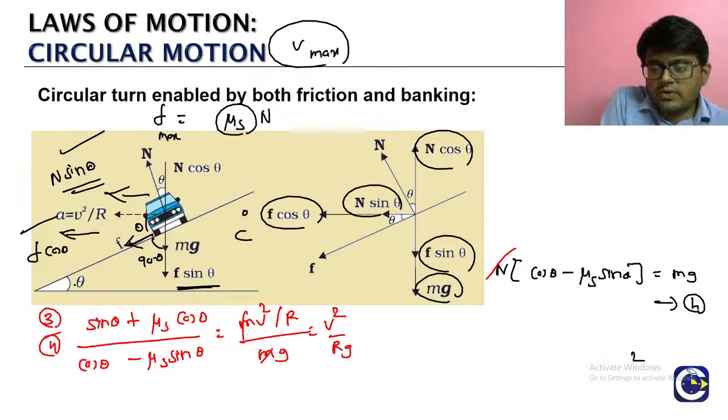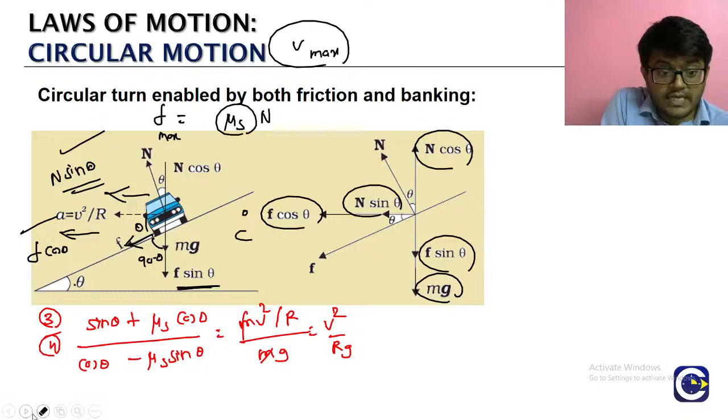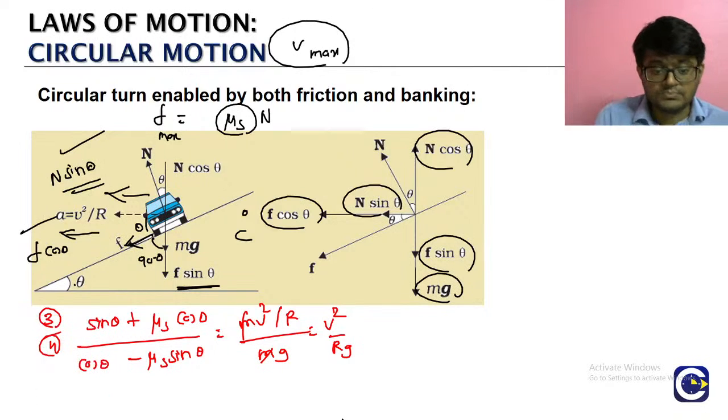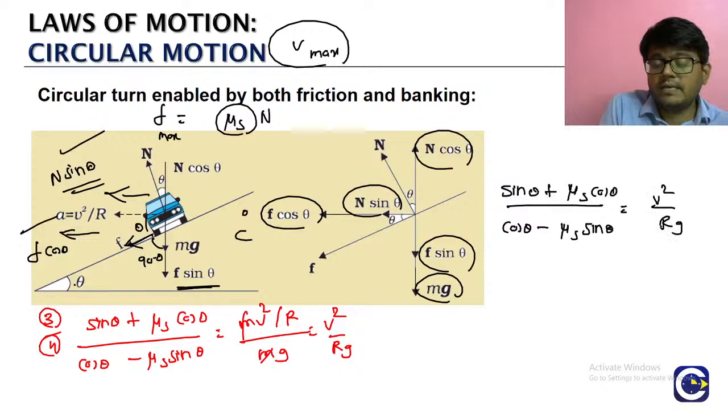So what we are going to get is the maximum velocity which a vehicle can have and take a turn on this particular road. Sin theta plus mu s into cos theta divided by cos theta minus mu s into sin theta is equal to v square by rg.